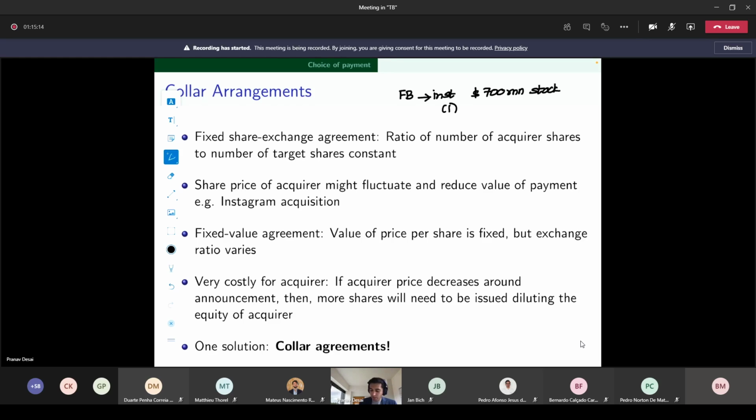You can first keep the exchange ratio constant, that is the number of shares of acquirer to number of shares of target. That remains constant. So this is like an X value. And the second way you can do this is where the dollar price per share, so the dollar Facebook share value, remains fixed.